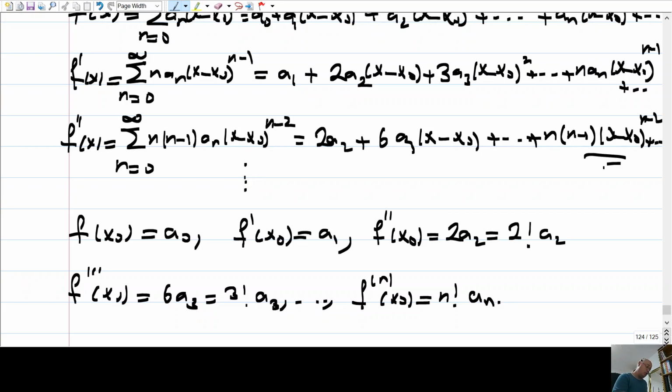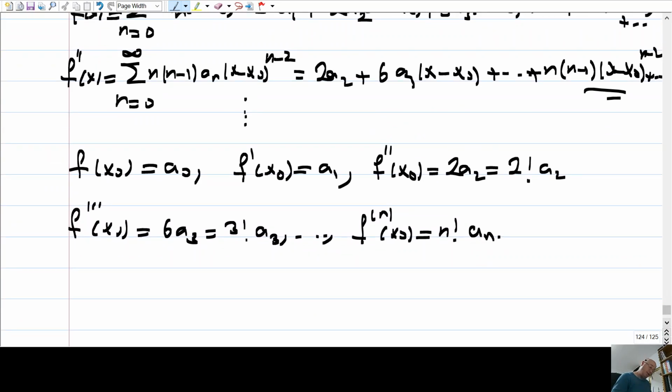Because you have this term, you take derivative over and over. Each time this exponent comes down. First I had n, and then n minus 1, and then n minus 2, and so on. So if you go up to n, you will have n minus 1, and then 2 and 1. So you will have just n factorial times an.